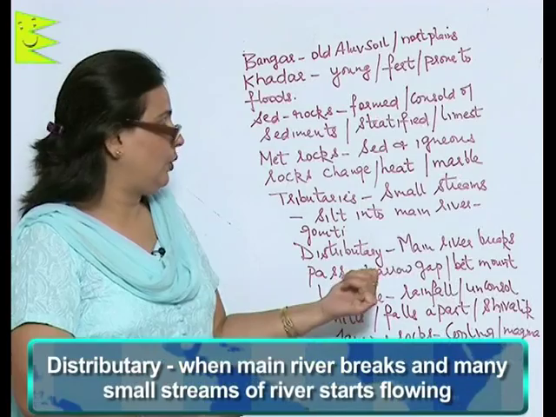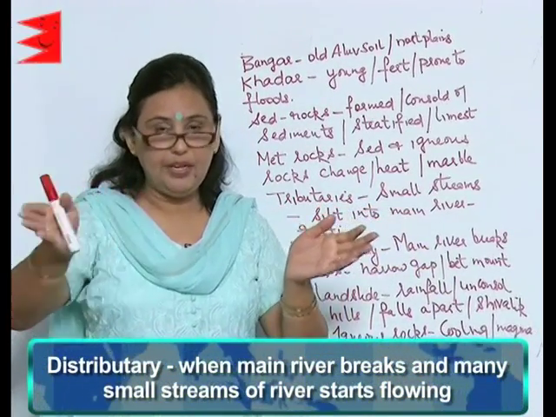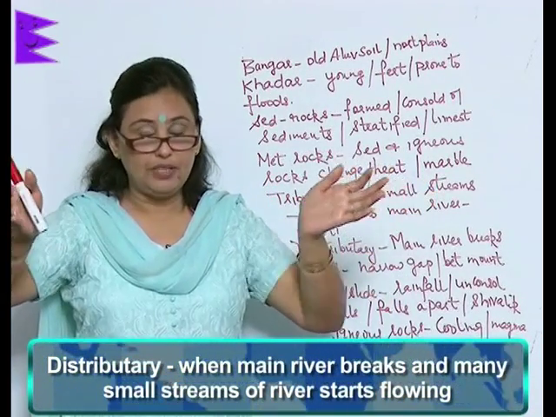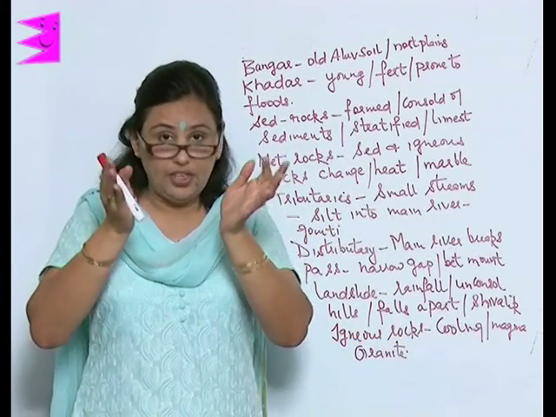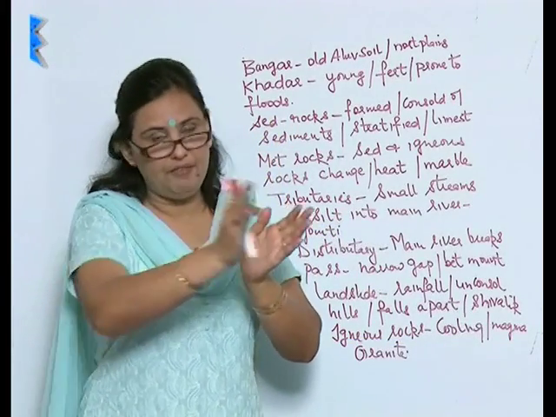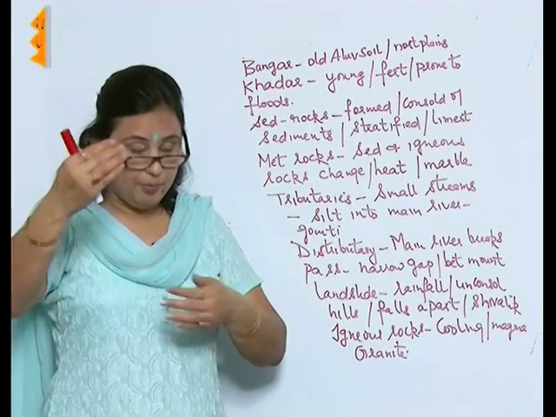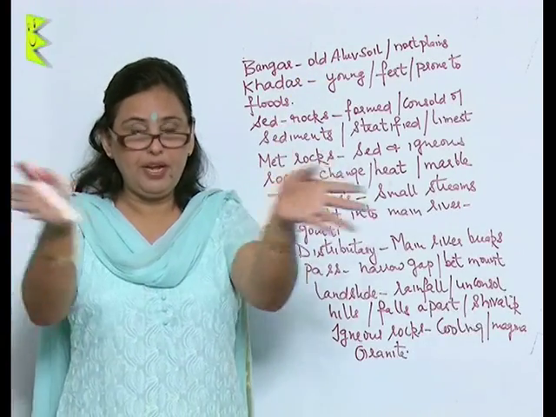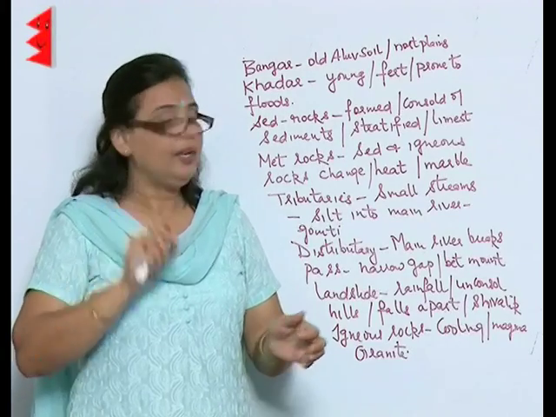Distributary is actually when the main river breaks and many small streams of river start flowing. Since the distribution of the main river has taken place, it is a distributary. Tributary was the coming in and distributary is the flowing out into many rivers, and that is the distributary.